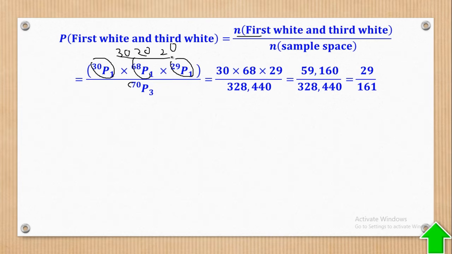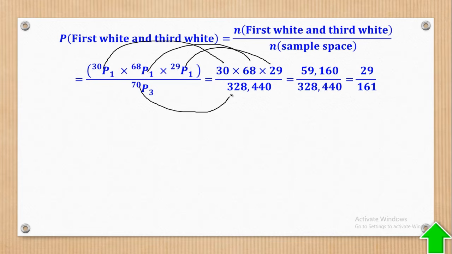Therefore, total of this will be 70, but out of the 70 we need 3. That is why there is 70 permutation 3. So when I use a calculator, this gives me 30, this gives me 68, this gives me 29, and this gives me 328440. So numerator is this and denominator is this. Therefore, when we reduce, we'll come up with 29 over 161 as before.